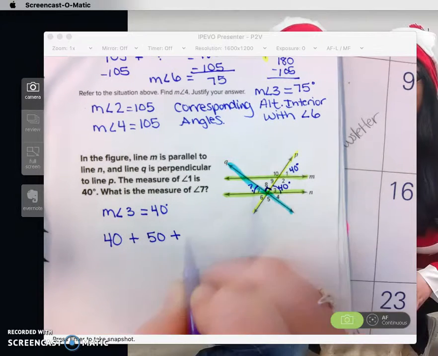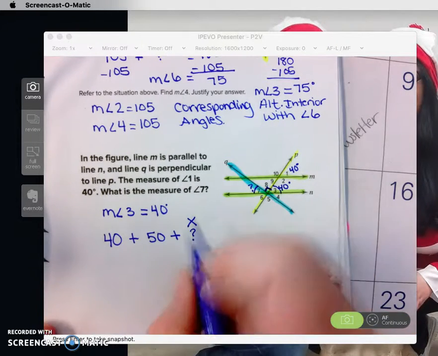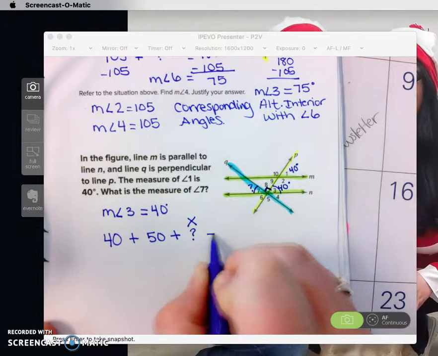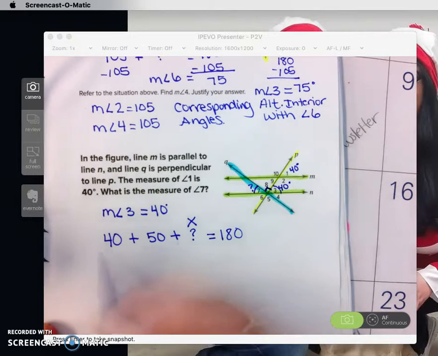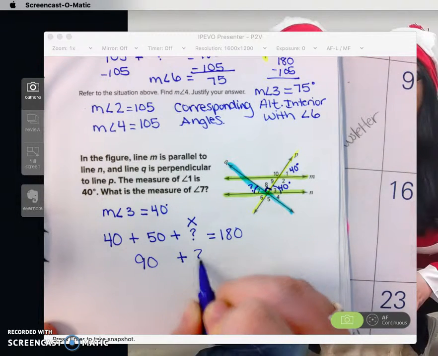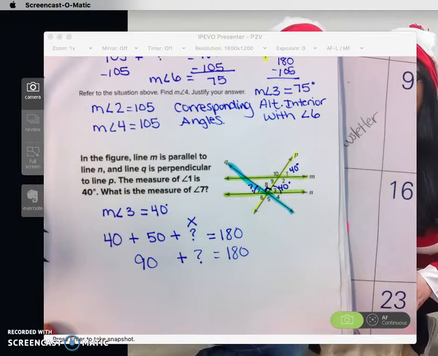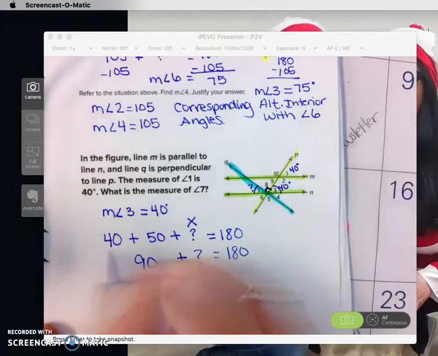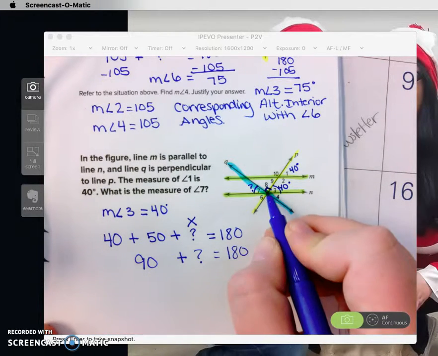I have to add my unknown, or I can replace it with x, and it's got to equal 180.